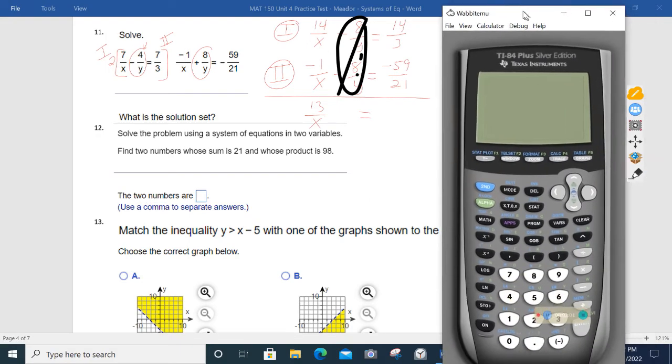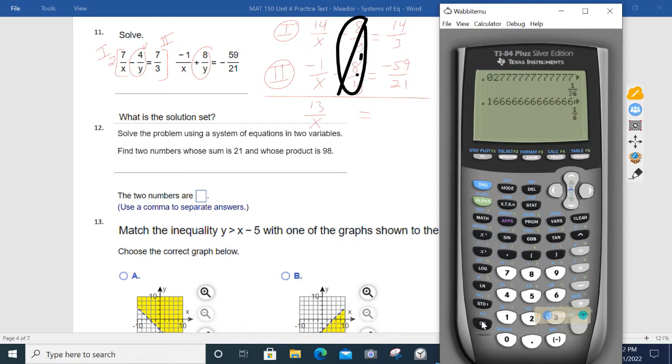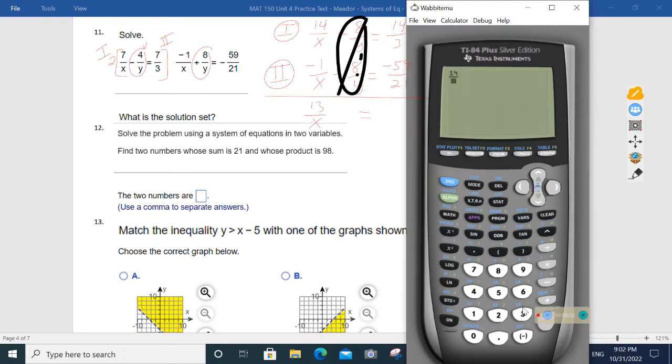let's use the calculator here for a second. To make a fraction, hopefully you know you go alpha y equals. Let me clear out here. Alpha y equals number 1. And we have 14 over 3. I'm not sure if that's going to mess me up, so let me move that over. And then I've got minus 59 over 21, or you can say plus a negative.